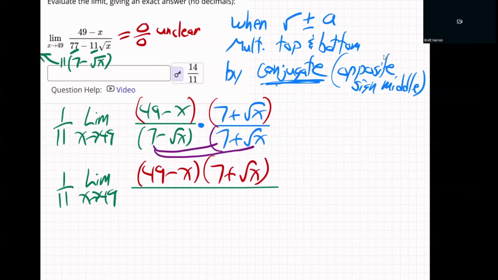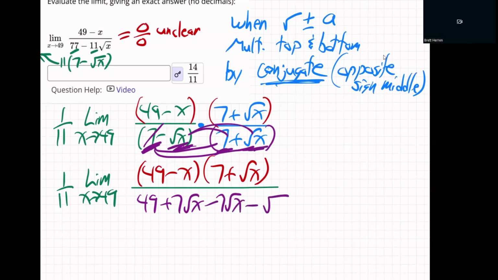So I'm going to multiply out on the bottom. 7 times 7 is 49 plus 7 root x. And now it's right. This guy went to both. He's done. Now it's this guy's turn. He'll go to both. That'll be minus 7 root x, and minus root x times plus root x is minus root x squared.